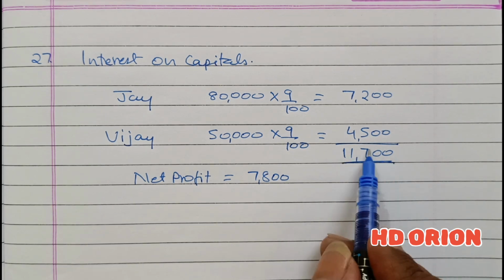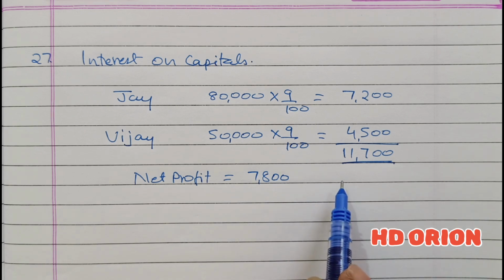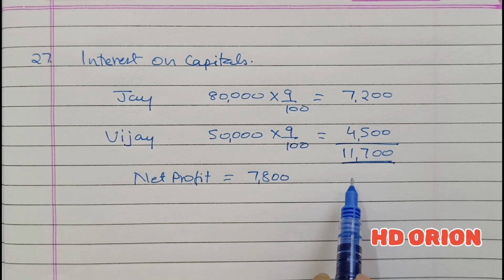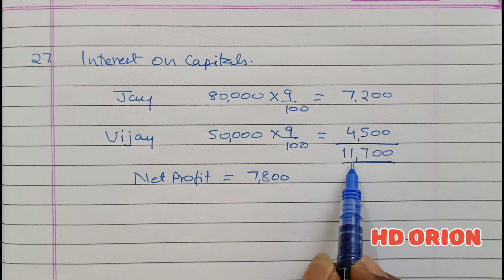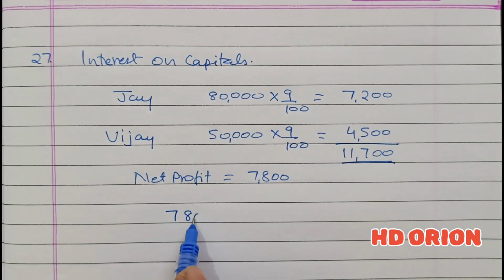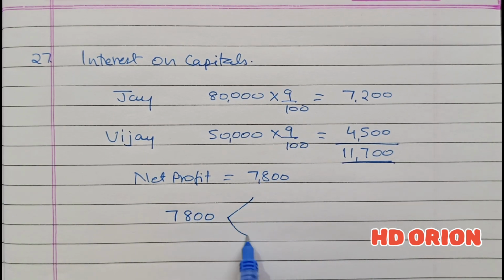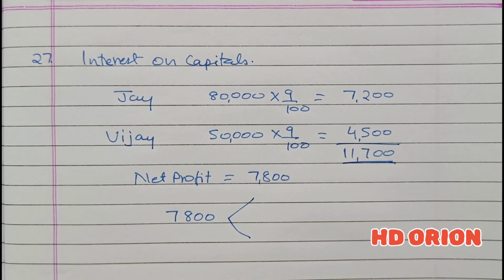Interest on capital amount is more and net profit is less. In that case, it is mentioned in the act that you cannot surpass the net profit limit. Means interest on capital cannot be paid more than the net profit. So we have to restrict interest on capital to rupees 7,800 only. So what will we do? We will give this 7,800 to both the partners in such a way that it is justified and both are satisfied.